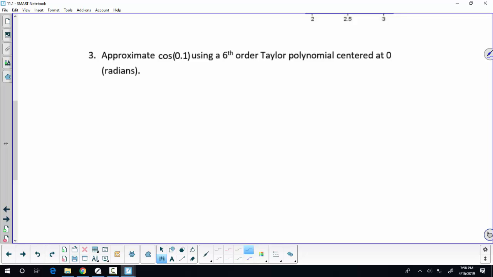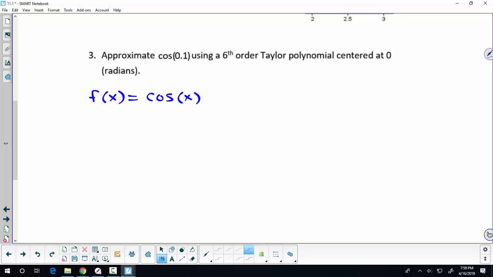Approximate cosine of 0.1 using a sixth order Taylor polynomial centered at 0. So here's the reference if you need it. We're going to look at the function cosine of x.